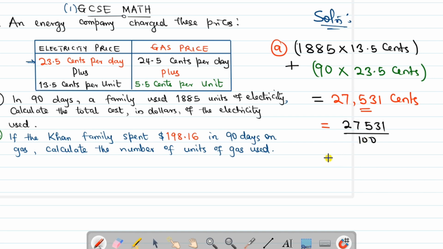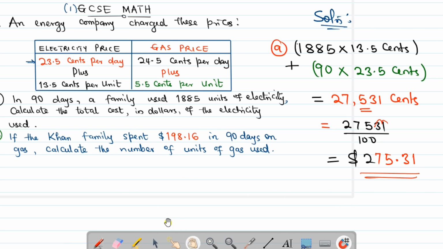You just move the decimal point two places backwards, and that will be $275.31. And that's the solution for part A.